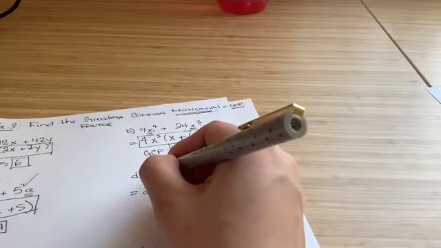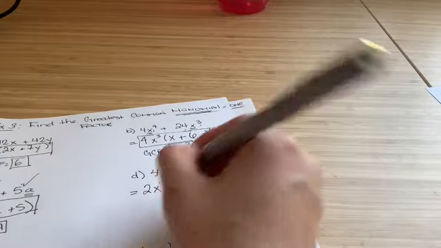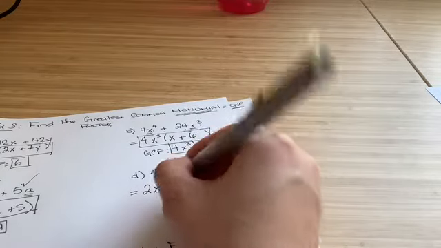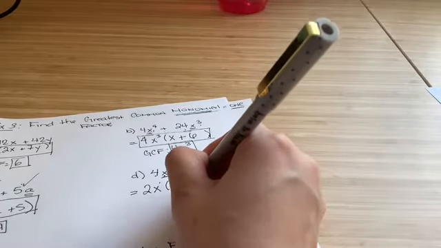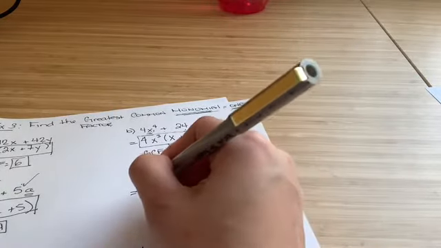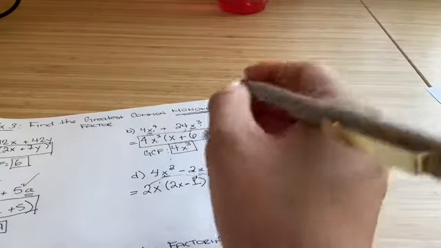So 4 divided by 2, I'm left with 2. I took 1 x away from here, so I have 1 left. And I'm left with -1. When I distribute, 2 times 1 is -2x, which is perfect.